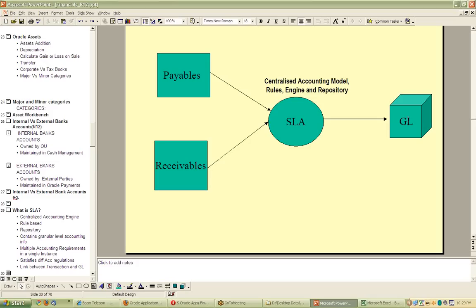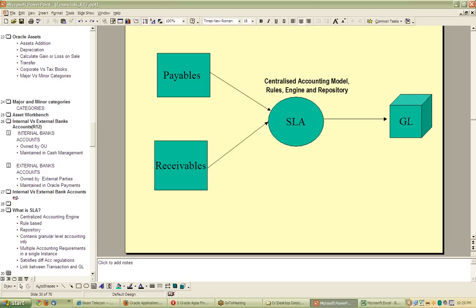See, what subledger accounting does is it merely processes the accounting. After processing, it does not retain it with itself. It pushes the entry to the general ledger. So basically you will have a duplication, or how do you see it in the GL then?